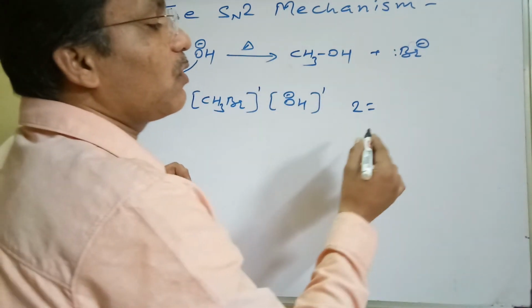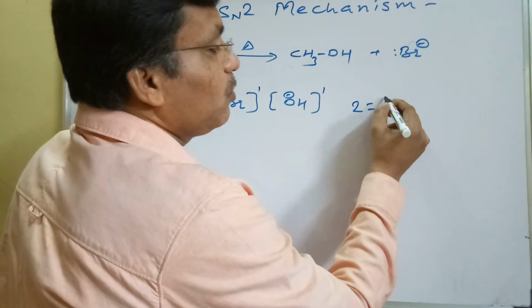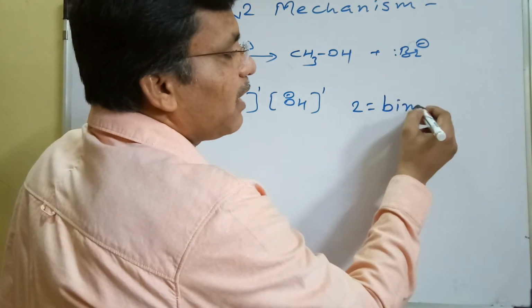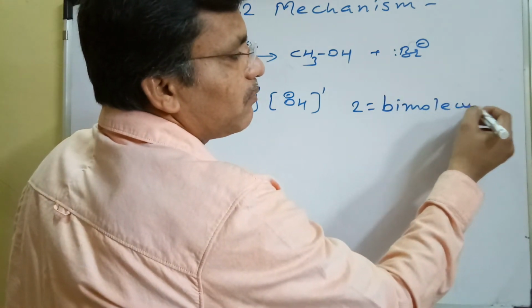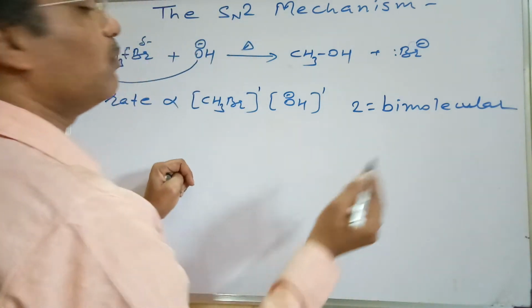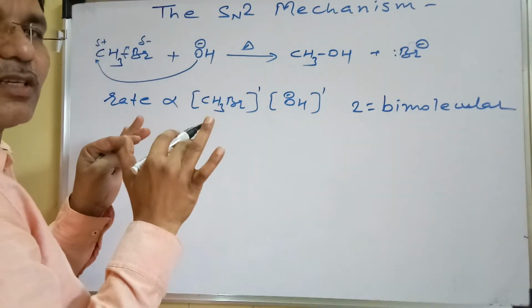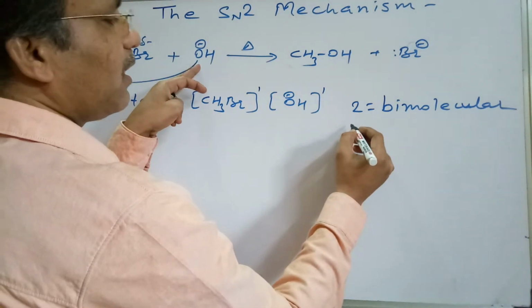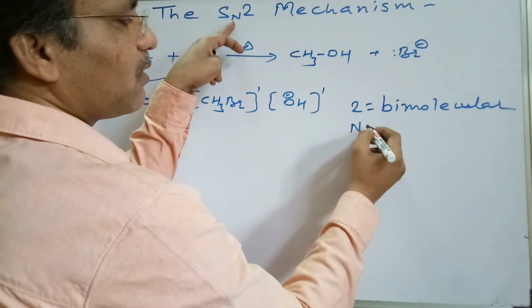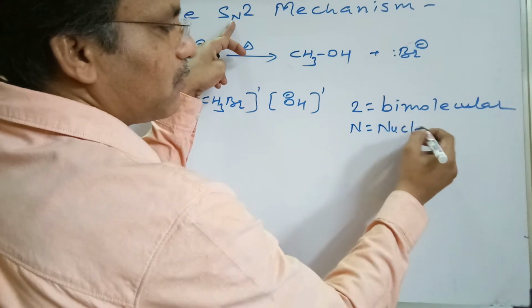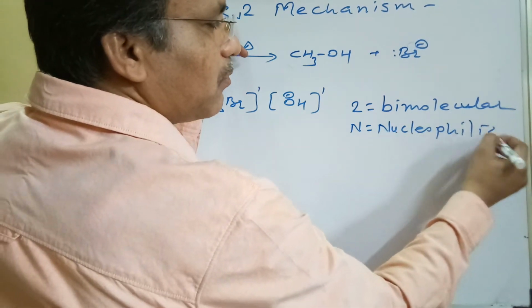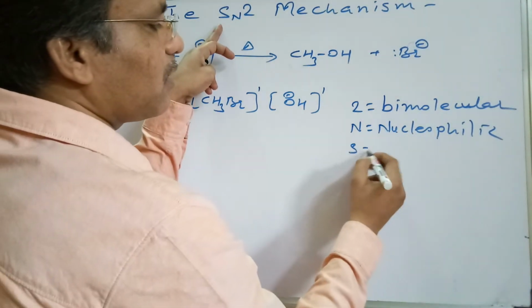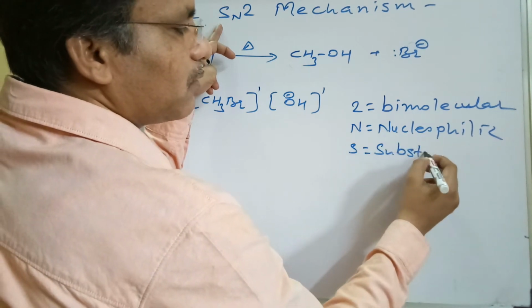That's why this is also called a bimolecular reaction. So 2 also indicates bimolecular: two molecules are involved in the slowest step, or rate determining step. Here N stands for nucleophilic, and S stands for substitution.